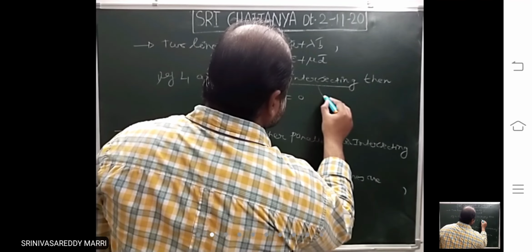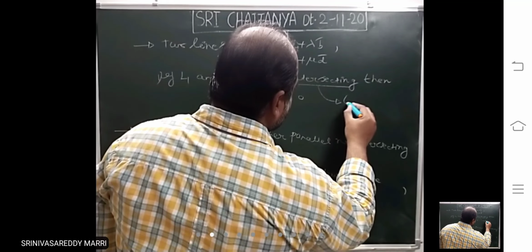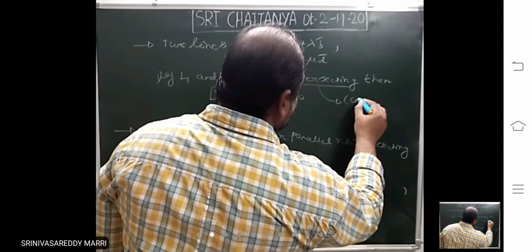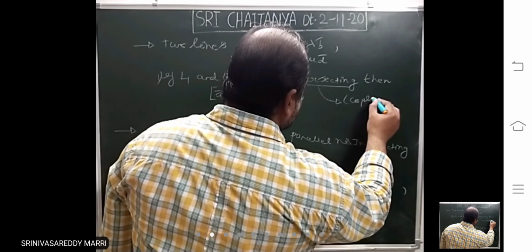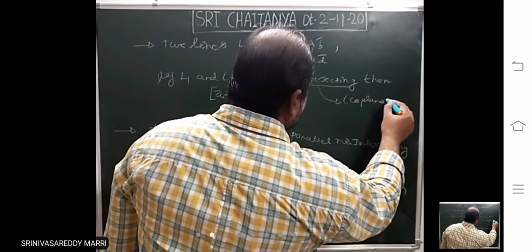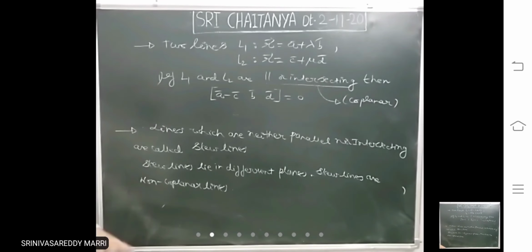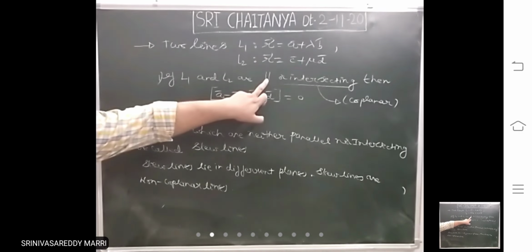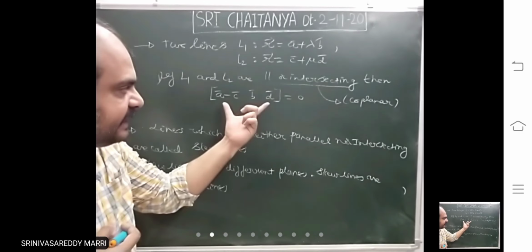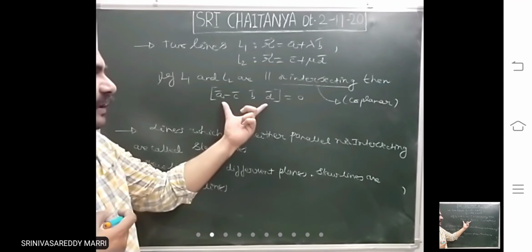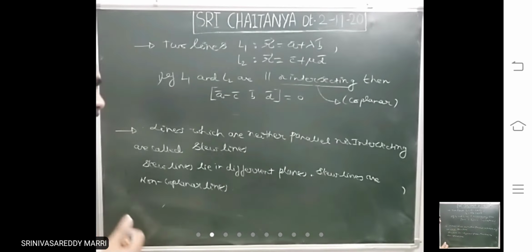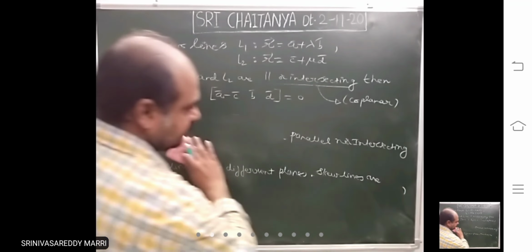Parallel or intersecting means they are coplanar lines. So if the lines are parallel or intersecting, the condition is box of a bar minus c bar, b bar, d bar equal to 0. That is the condition in vector form.